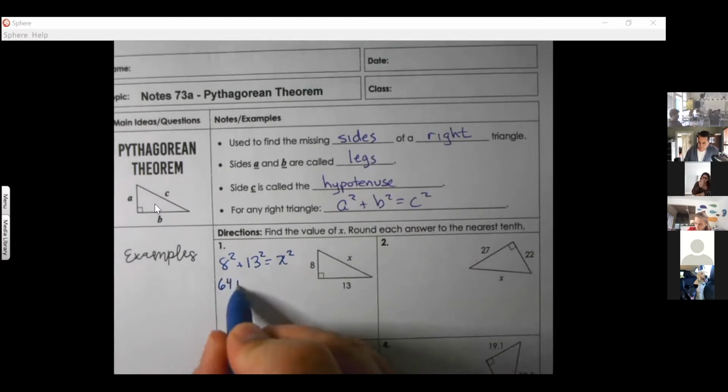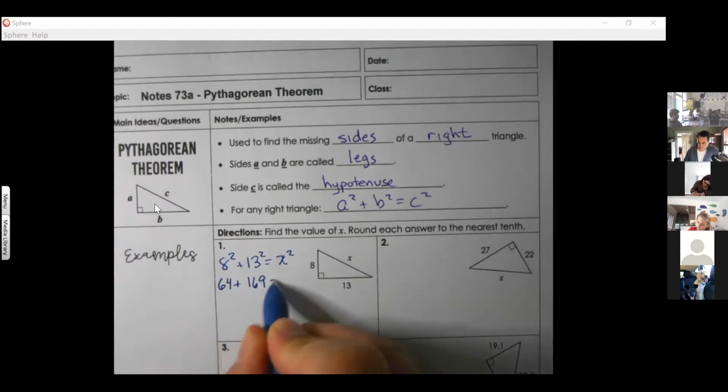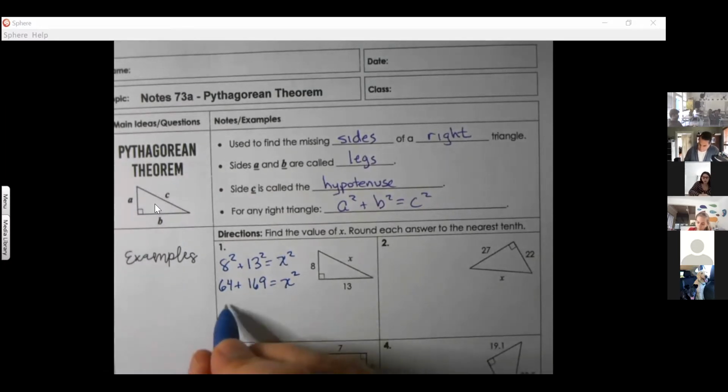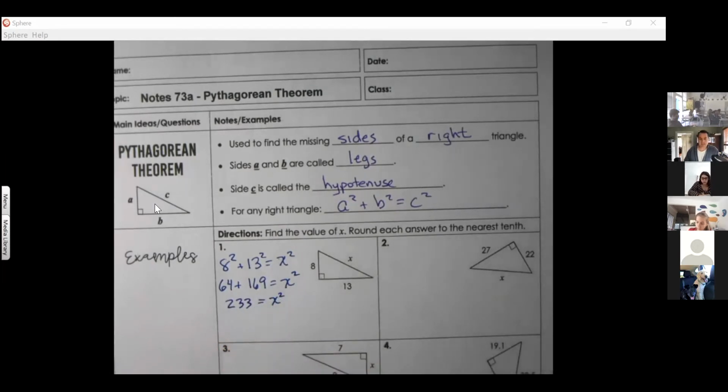So 64 plus 169 is equal to X squared, which means 233 is equal to X squared. But I'm looking for X, so that means X equals the square root of 233.